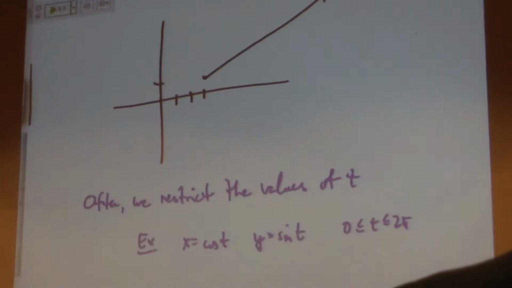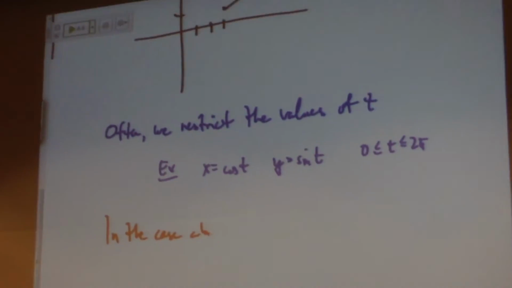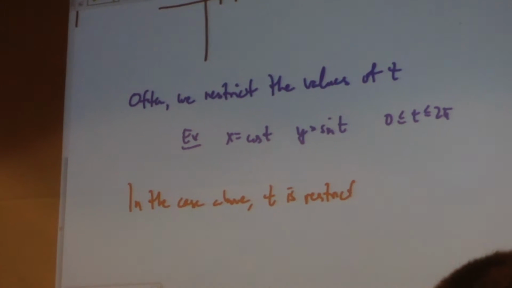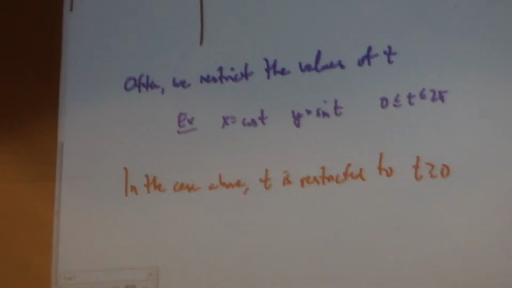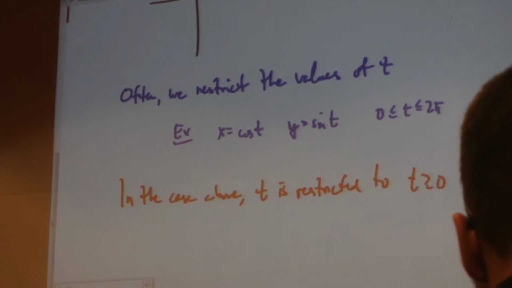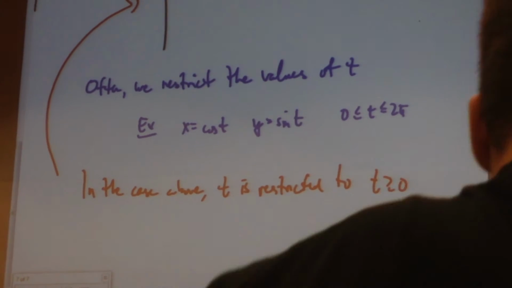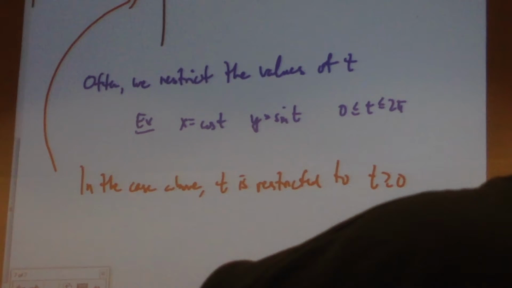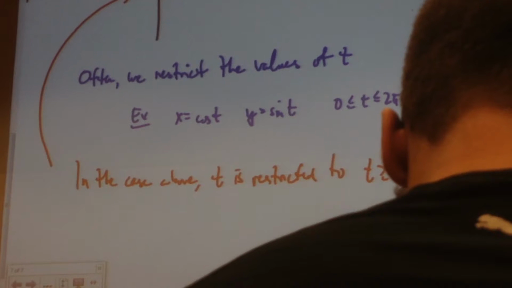In the case above, t is restricted to t greater than or equal to 0, so that's just a setting you have to change on your calculator. Any questions?